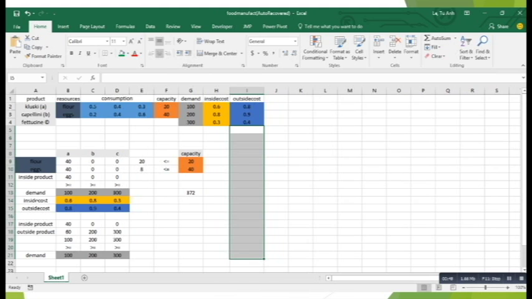After I run the IBM model, it gives us the inside and outside product, and that's all. It doesn't tell us how much it's going to cost, the inside product and outside product. So I decided to do my model and add some more valuable data to make it interesting.